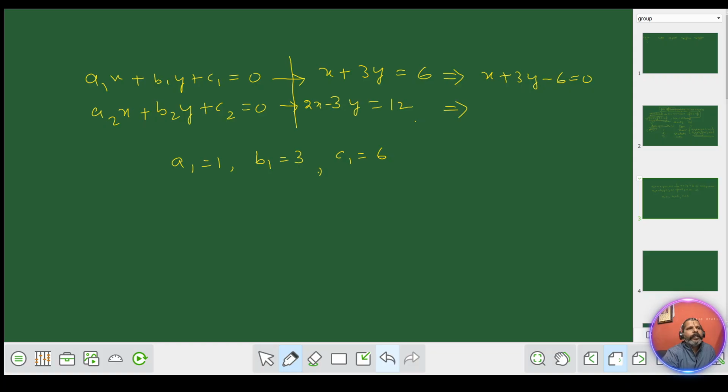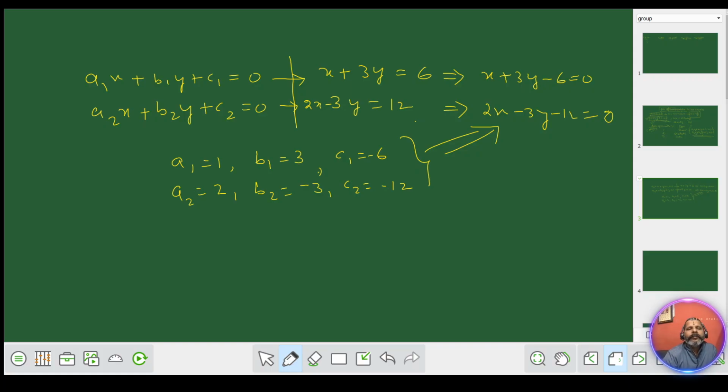We'll arrange this also in standard form: 2x minus 3y minus 12 equal to 0. In that case, c1 becomes minus 6. Similarly, a2 is 2, b2 is minus 3, c2 is minus 12. These values are obtained by checking these two equations, not the middle one.